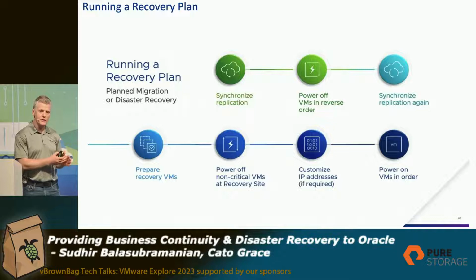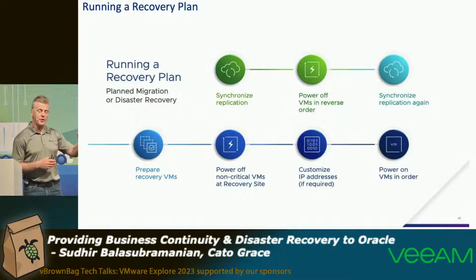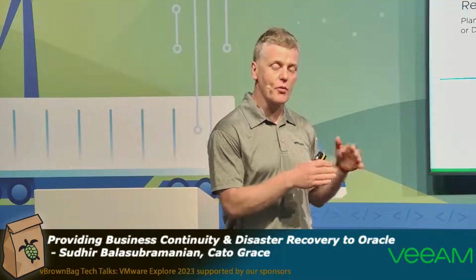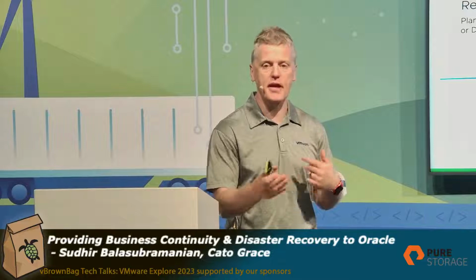Then we'll power off the VMs at your protected site in the reverse order that you want them powered on in. Then we'll replicate your storage again. The reason for 2 replications as opposed to just 1 is that we want your VMs to be off for as short a period of time as possible, and we want to get all of the changes that happened as those VMs were powering off.